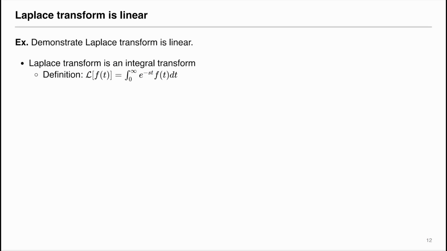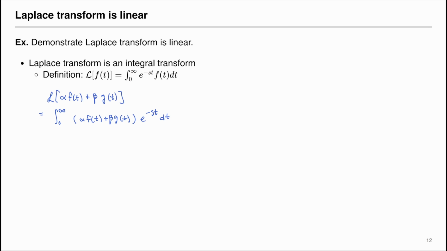So now let's demonstrate that Laplace transform is linear using the definition of Laplace transform. So first let's set up a Laplace transform for alpha f of t plus beta g of t. And we use the definition of Laplace transform. So we have the integral from 0 to infinity of the original function, which is alpha f of t plus beta g of t, multiplied by e to the negative st dt.